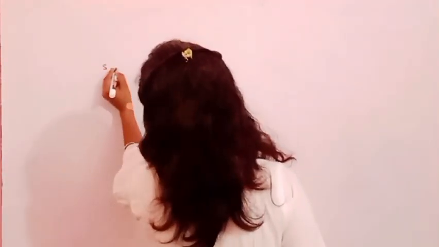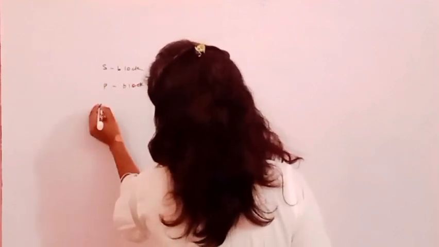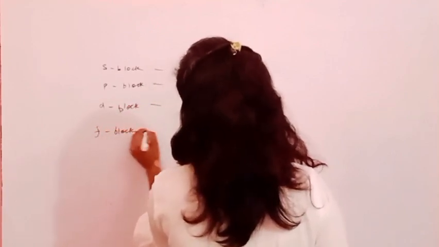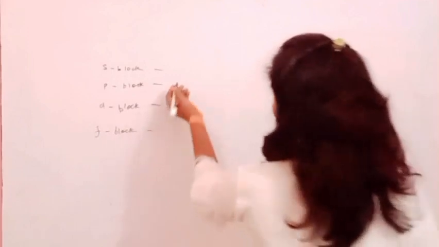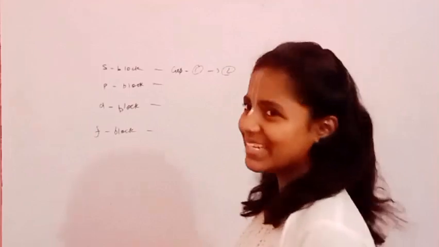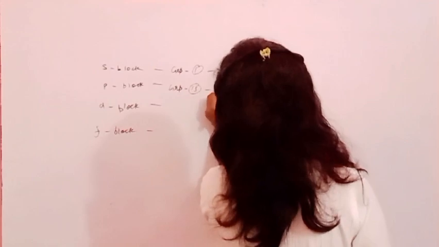In today's lecture, I'll be covering all four blocks. What are the four blocks? S block, P block, D block, and F block. As I told you, from group number 1 to group number 2, the S block elements lie. The P block elements are from group number 13 to group number 18.